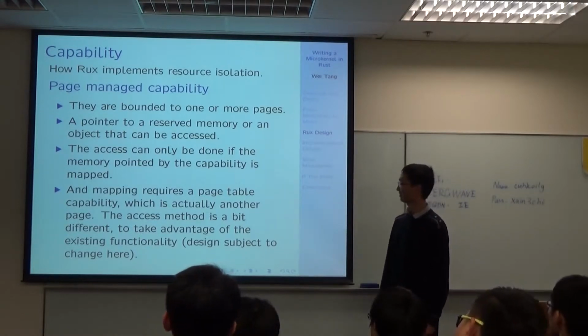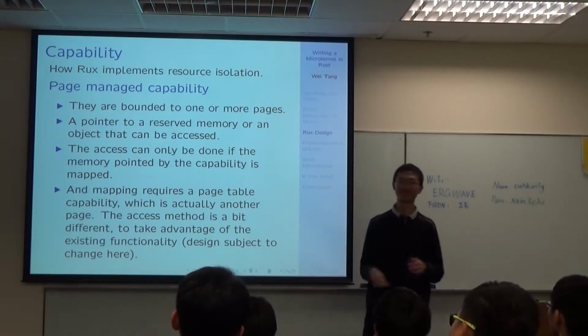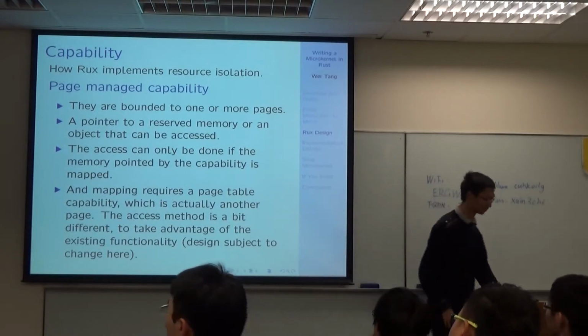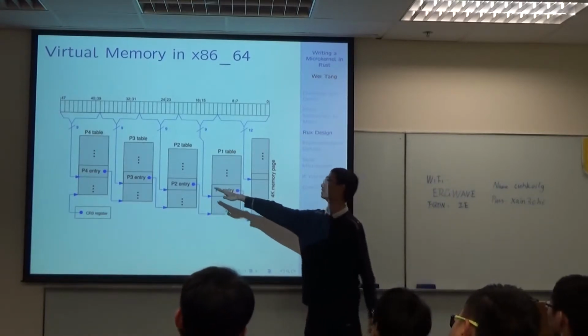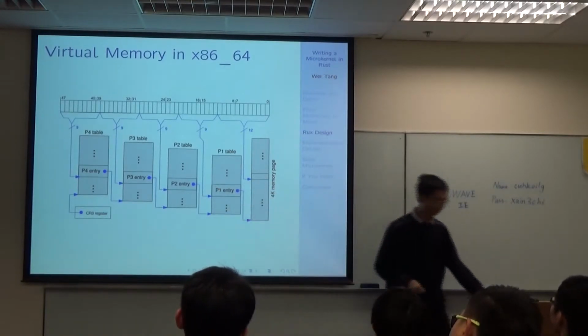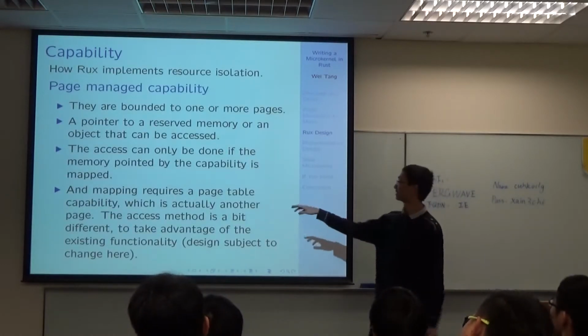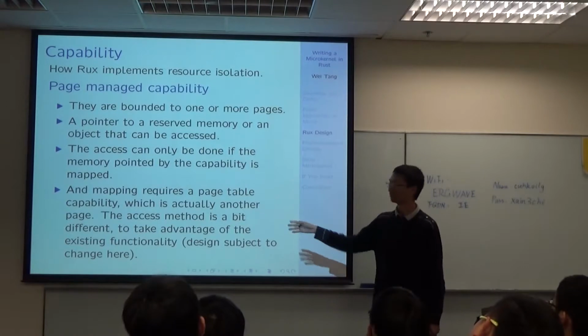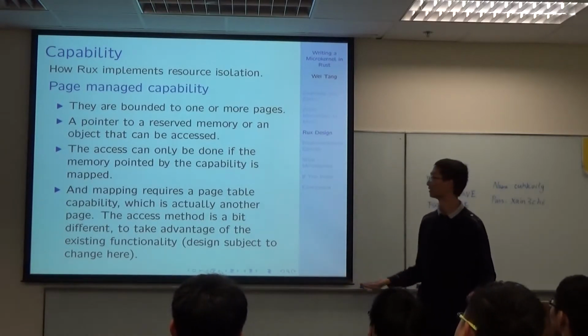And when we do the mapping, we need a page table, because you see here we need to create some page tables to actually create this mapping. So you actually need a page table, which is also 4K, so it's actually just another page.